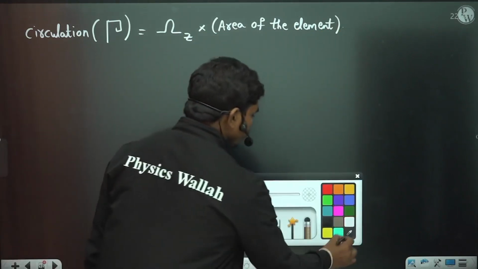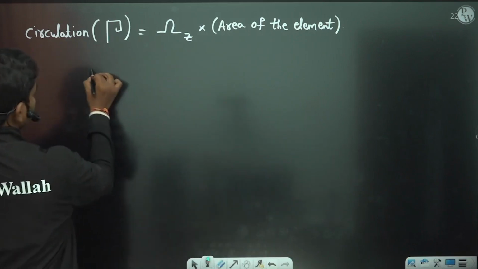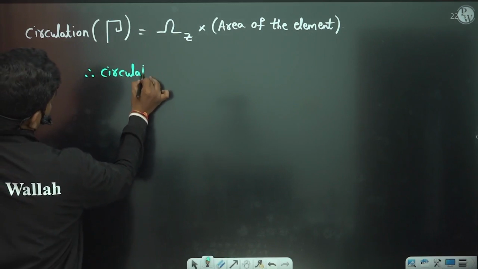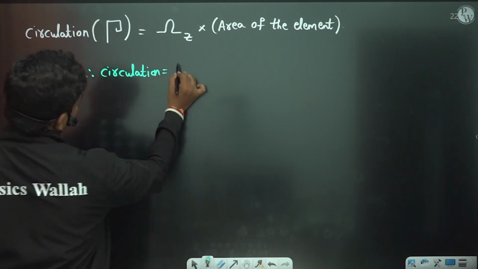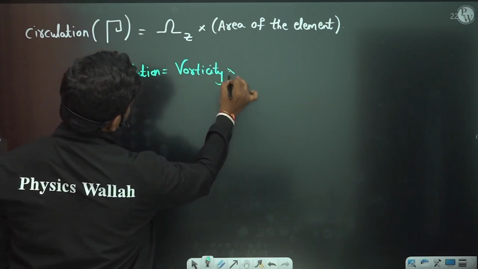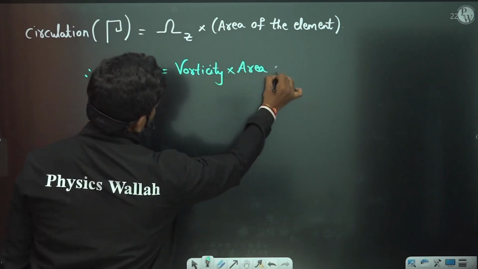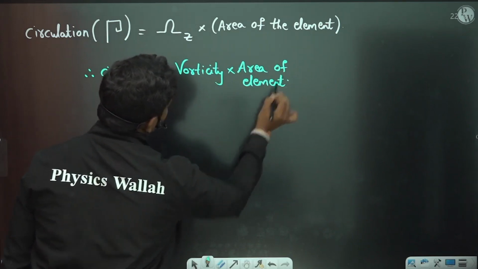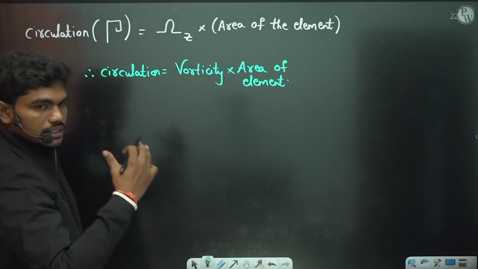Okay, so therefore circulation is actually equal to vorticity into area of element. Or generally, vorticity is equal to circulation divided by area.